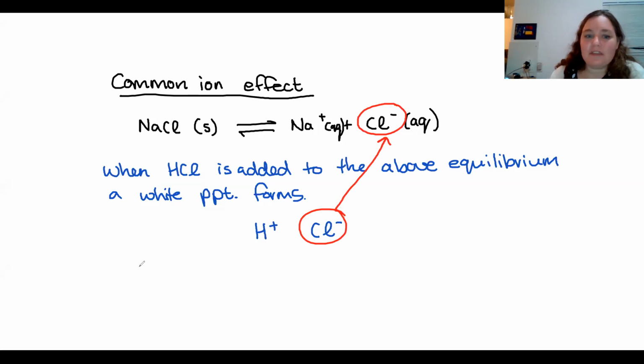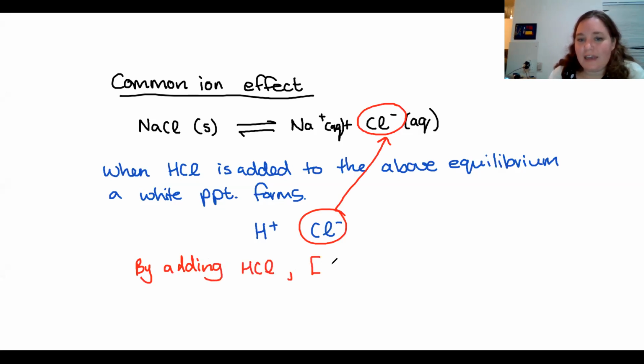So by adding HCl, we have indirectly had the concentration of the chloride ion increase. It is common to both the HCl and one of the reagents. And because of that, according to Le Chatelier's principle, I'm doing the thinking in my head here. This is one of those where the question maybe didn't tell me to.